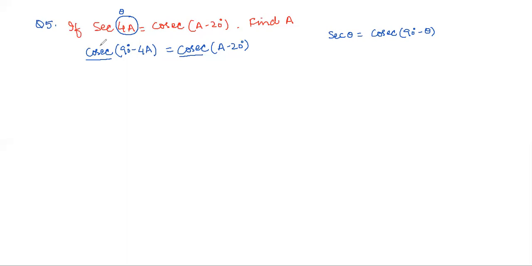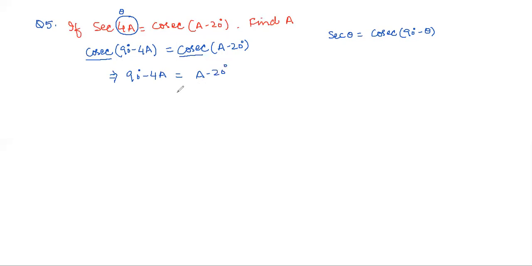So cosec this side and cosec this side. If both the trigonometric ratios are same, then the angles attached to them are always the same. So this implies, since the trigonometric ratio is same, the angle attached to it will also be the same. 90 degree minus 4a is equal to a minus 20.